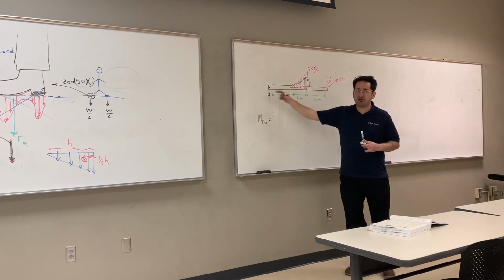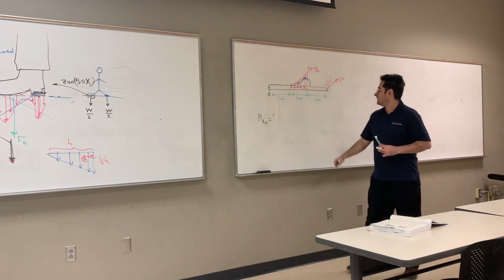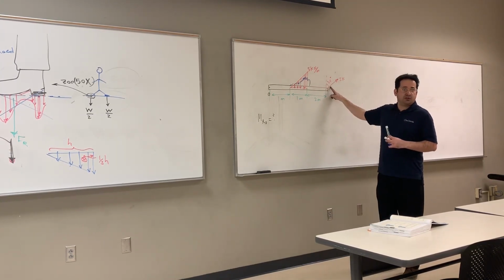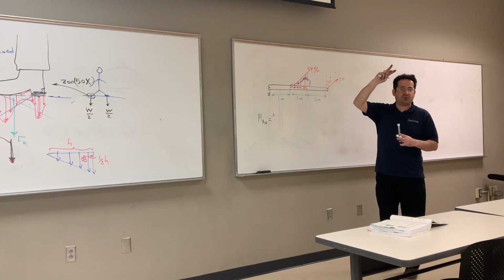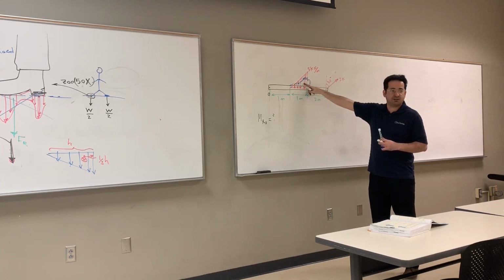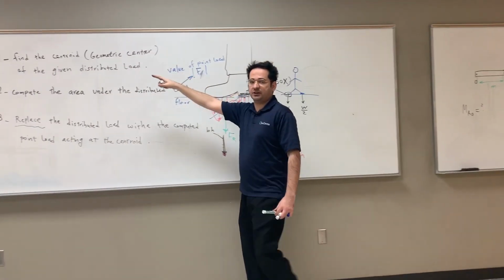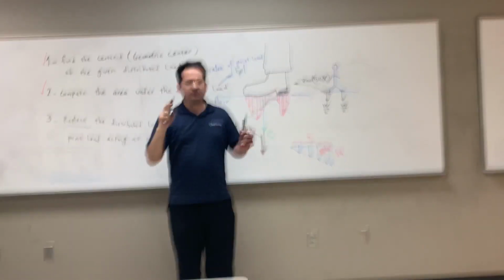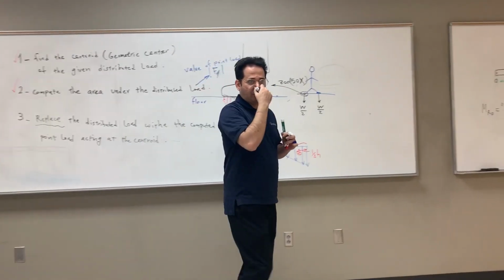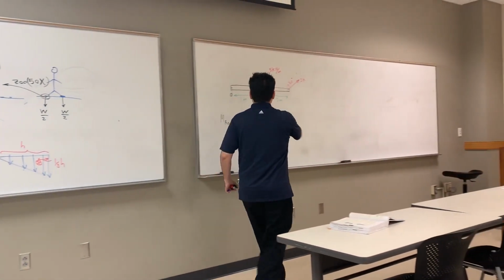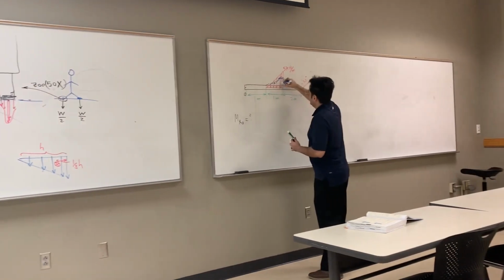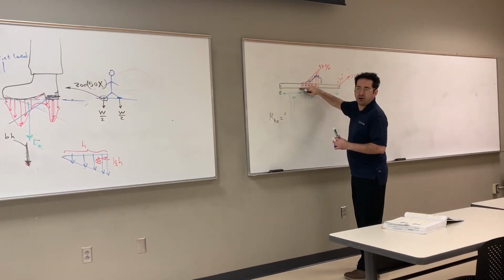Now I want to find the resultant moment of a load. I can immediately use the three steps I had, right? But what about this? I have a distributed load. So the first thing I do, the procedure, is get rid of the distributed load and replace it with a point load. So what's the geometric center of this guy? It's 1/3 of the height. The height is 1.